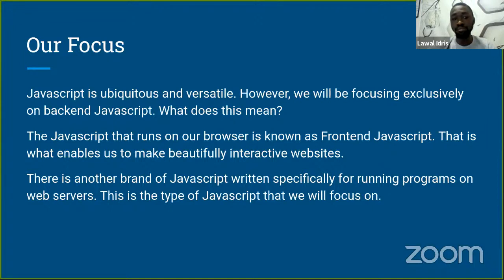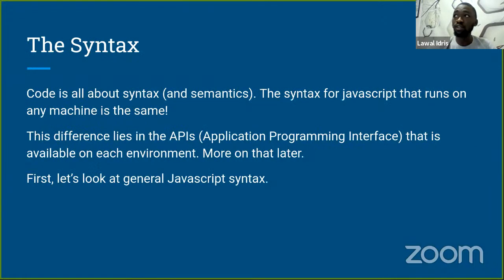The syntax and semantics are the same. Whether it is running on the front end or on the back end, it's all the same JavaScript, which is one of the advantages of taking Node.js. The differences are basically in the APIs that are available on the front end and the ones that are available on the back end. All of these are things we will cover later on.